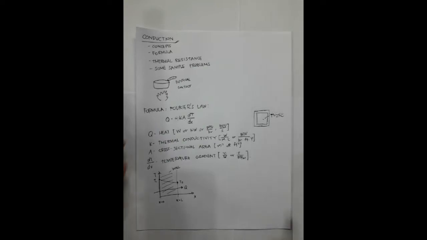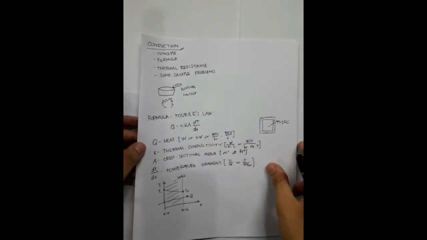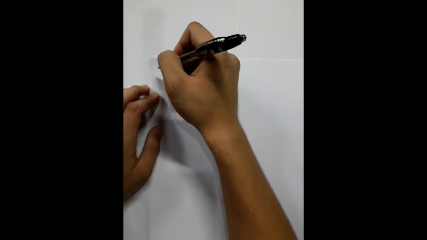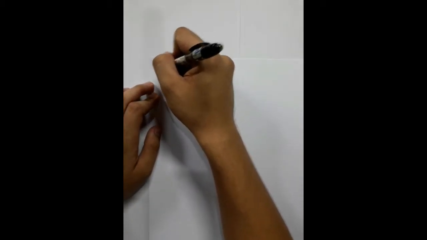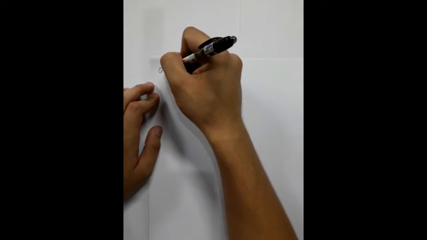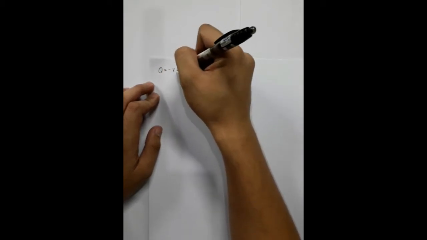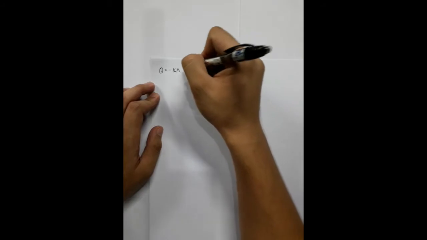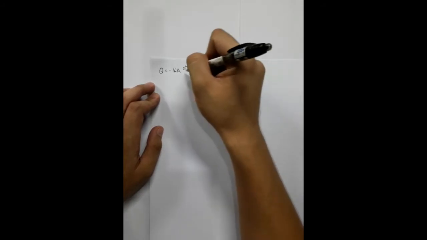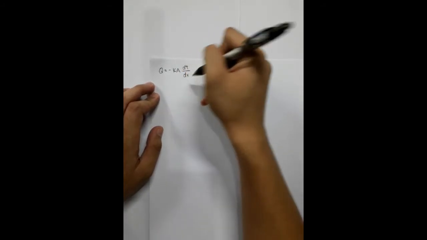So, next, let's further manipulate yung formula for heat conduction para mas masimplify natin. So, formula ulit from Fourier's law is Q equals negative K A dT over dx.